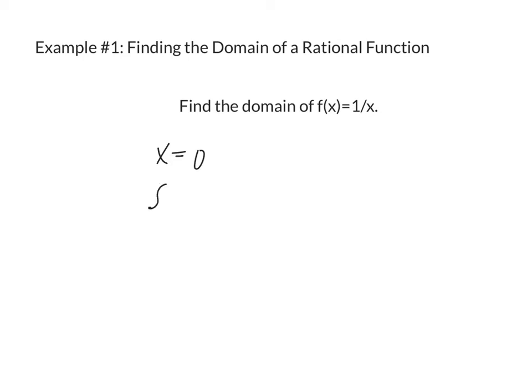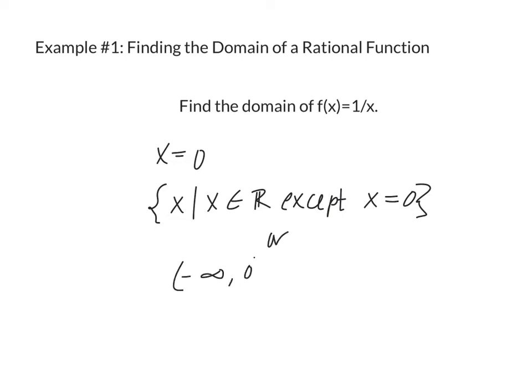So we would write our domain as x such that x is all real numbers except x equal to 0. Or you can say from negative infinity to 0 and 0 to positive infinity. Remember, we're using parentheses on the infinities because infinity cannot be bounded. And also we're using parentheses on 0 because it's saying up to 0, but definitely not 0. Let's keep going.